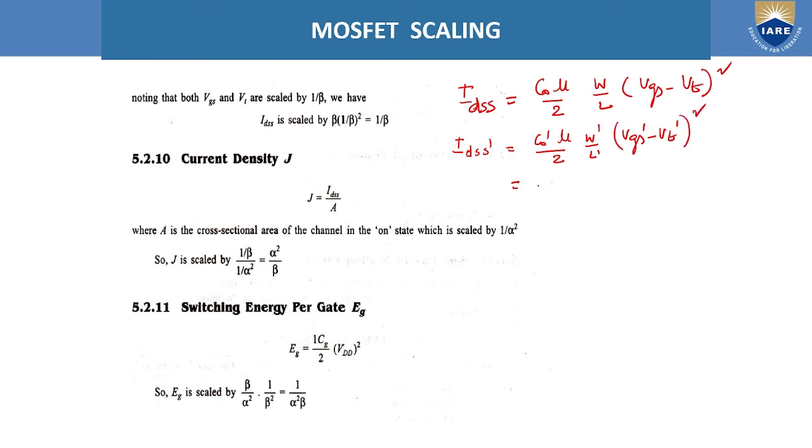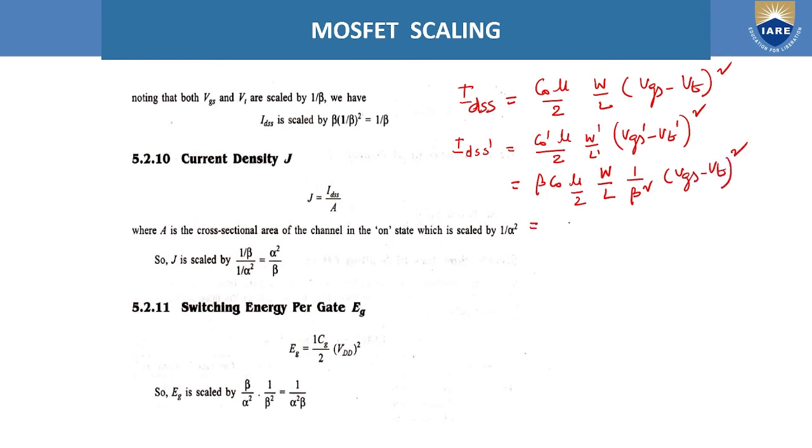So C0 becomes beta C0 mu by 2, and W and L are scaled with the factor alpha, so you get the same value, W by L. The voltages are scaled with the factor beta, so you take beta outside, so you get 1 by beta square into VGS minus VT whole square.